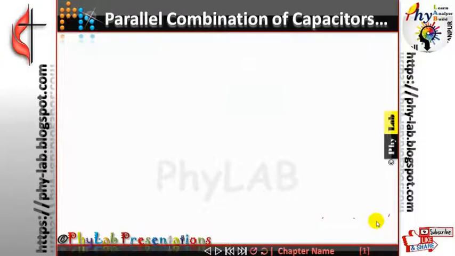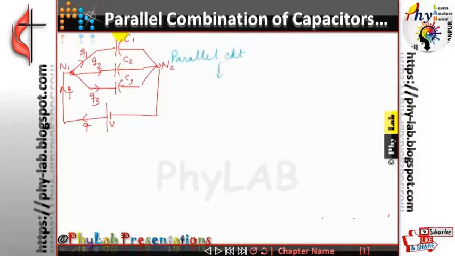So what happens now? I have connected the capacitors in parallel. Once again, I have got three capacitors, C1, C2 and C3. All these three capacitances are connected in parallel, and across the parallel combination of these capacitors I connect a battery of V volt. Now remember friends, I told you about a term called node, where more than two current carrying paths meet.